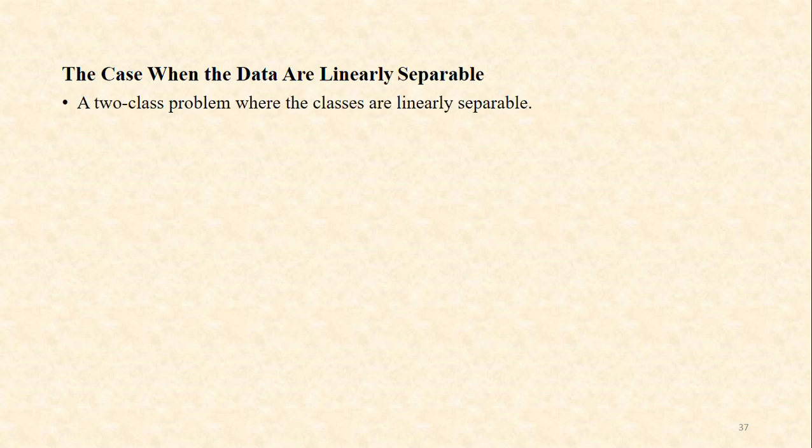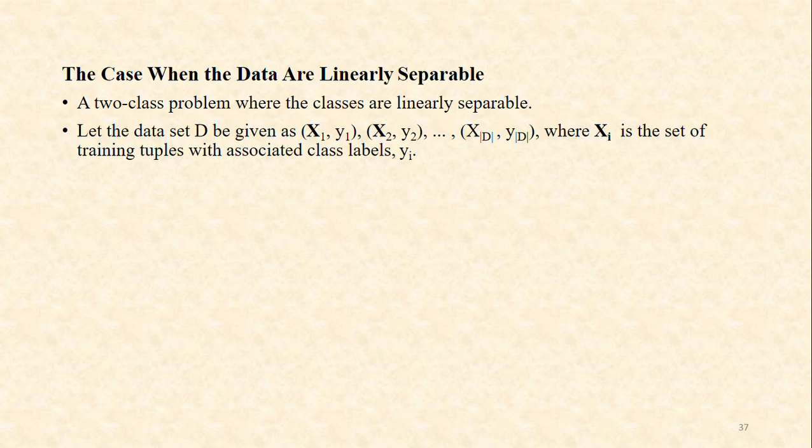Now consider the case when the data are linearly separable, a two-class problem where the classes are linearly separable. Let the data set D be given as (x1, y1), (x2, y2) up to (xd, yd), where xi is a set of training tuples with associated class labels yi.